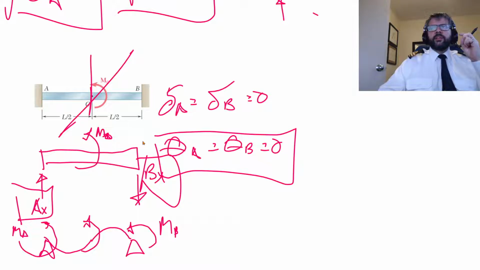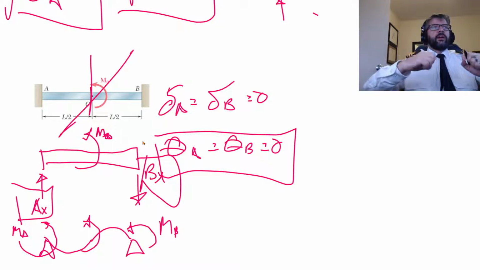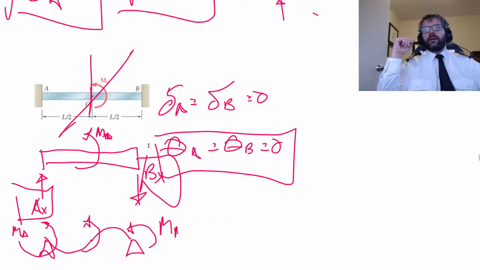I think the easiest way to deal with this would be to use the pinned connections as our baseline, and then apply rotations to the end that force things back.